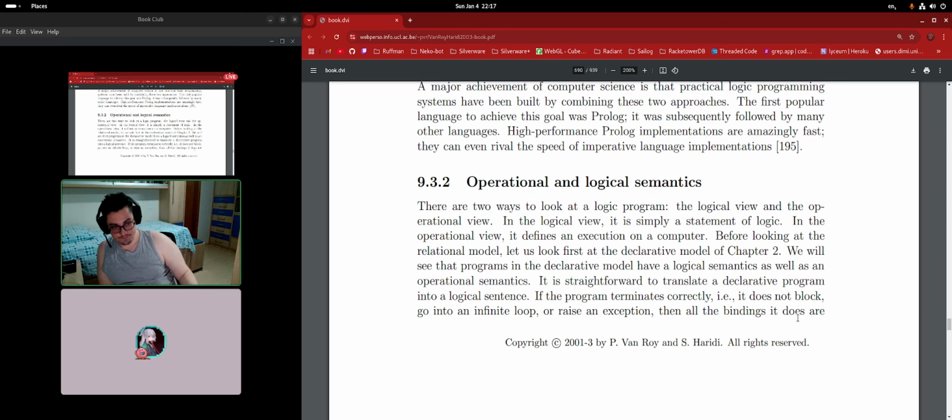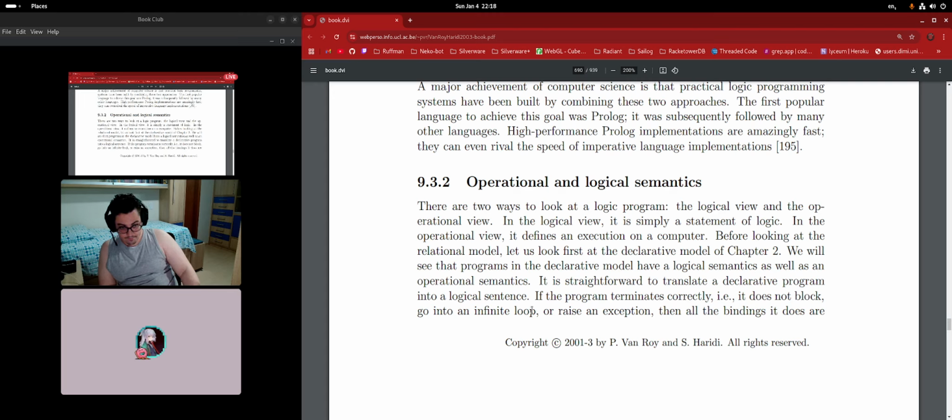So for example, we have the declarative model in chapter 2, where we see that programs in the declarative model have a logical semantics as well as an operational semantics. We already saw the operational semantics. We did, yes. It is straightforward to translate a declarative program into a logical sentence, and the reason is because it is deterministic and because of the logic variables binding semantics.